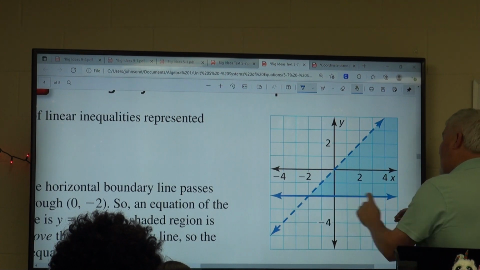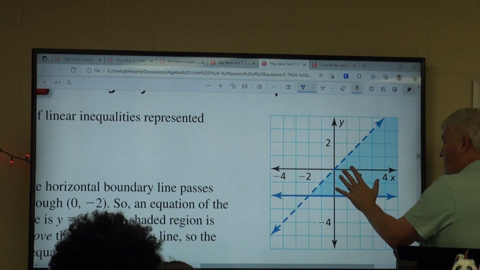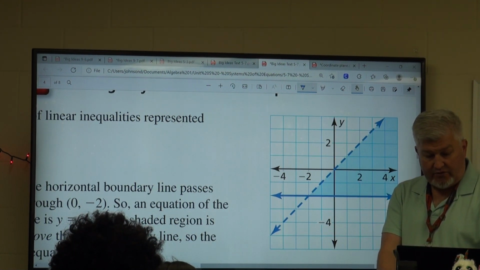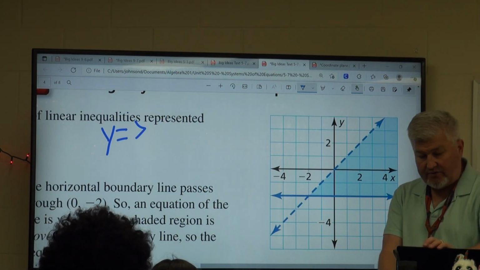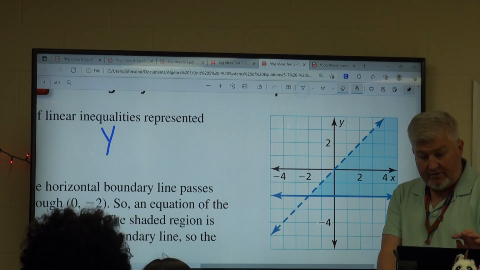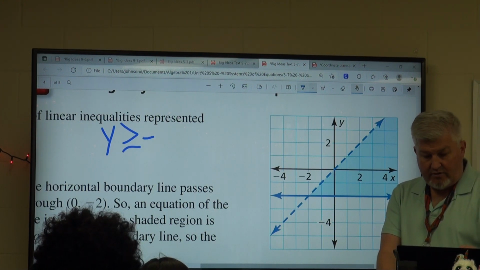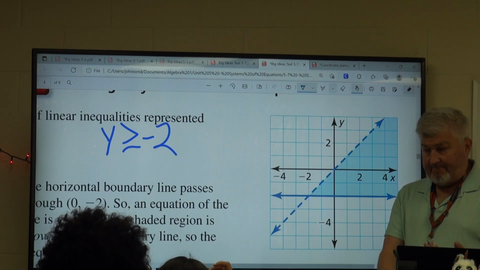So for this line, y is greater than or equal to negative 2, because the solution is above it. So the first equation is y greater than or equal to negative 2.